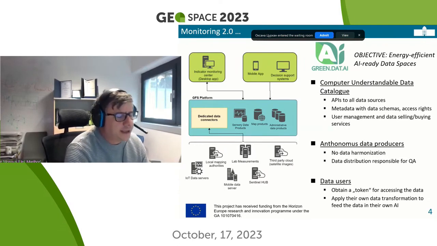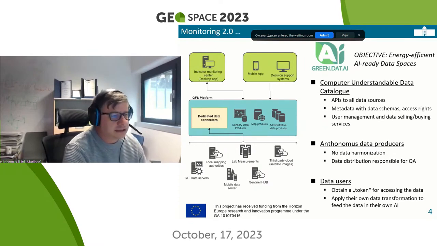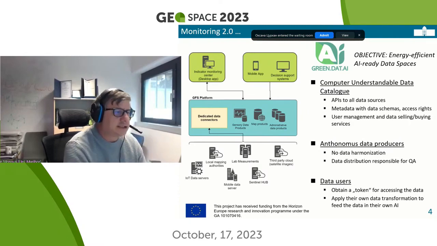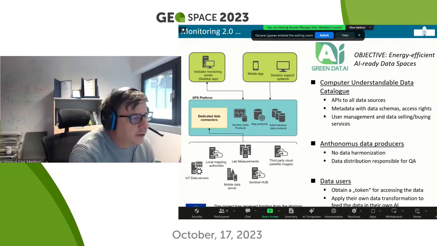Each of the data providers is responsible for their own data and for its quality assurance, and it only needs to provide metadata to this catalog with access rights, so that the data provider and the data user can, on the fly, on demand, decide on the means by which the data will be shared.